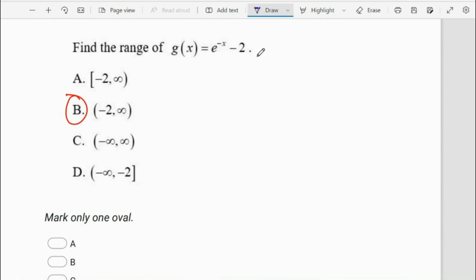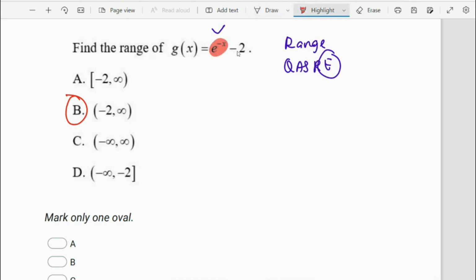Then, what is your range for exponential? For range, we look for special cases. Exponential, yes, this is our special case. What we do is cover our exponential here. Then what is the value that you can see? Positive infinity.